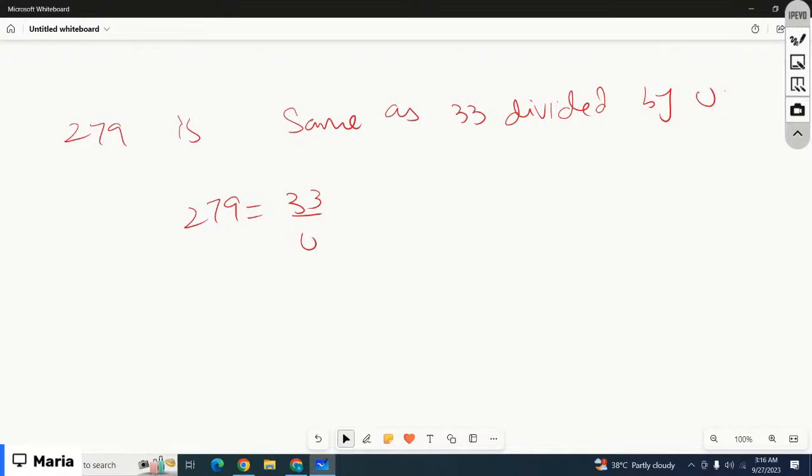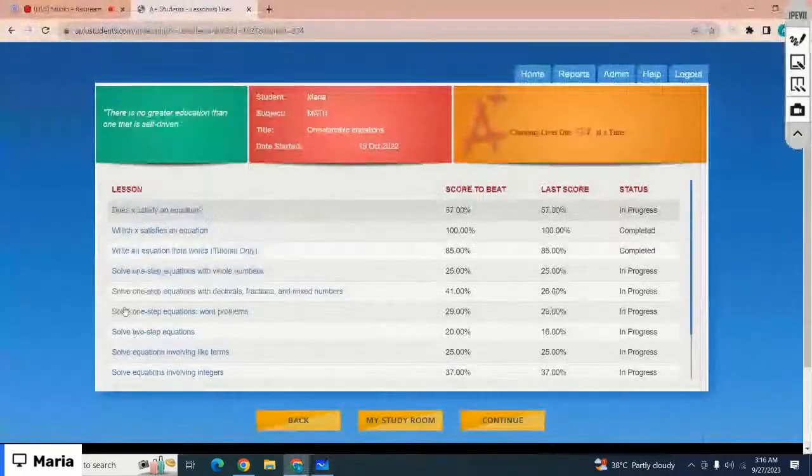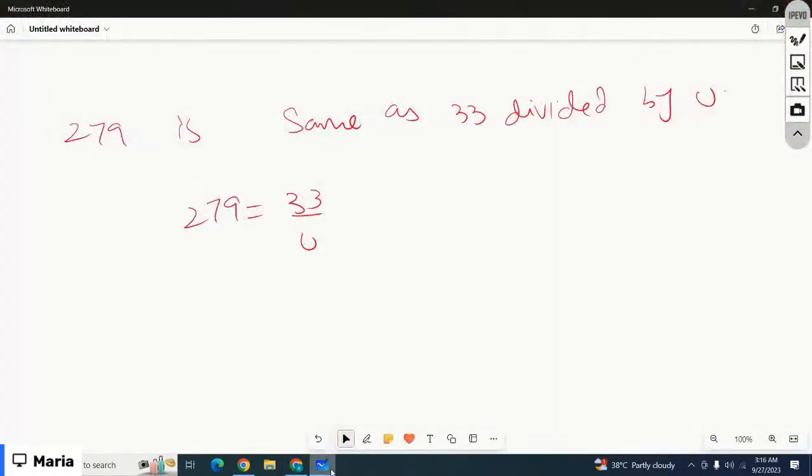Okay, we'll do the examples later. Let's just discuss all the lessons. So the next one is solve one-step equations with whole numbers. Okay, so we have now one-step equations, right? We have to see how we solve the equations.